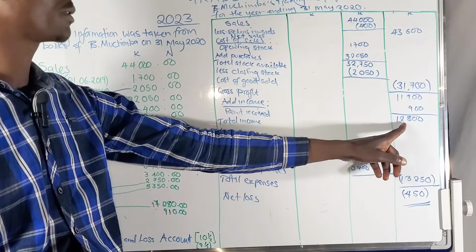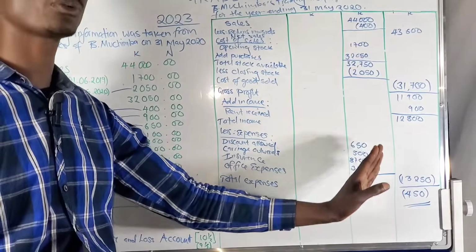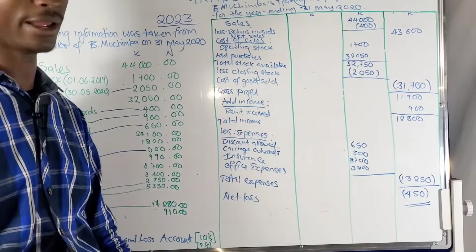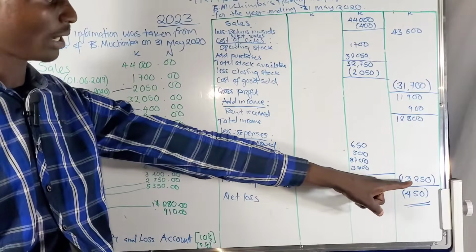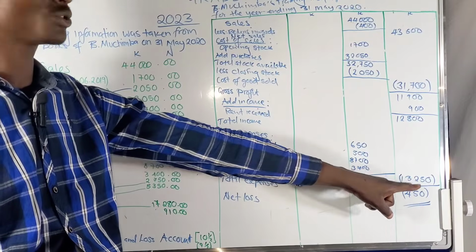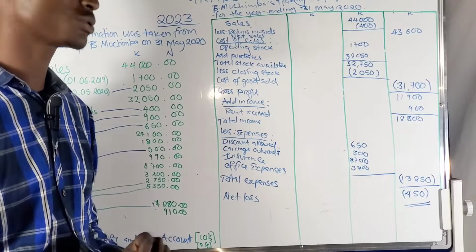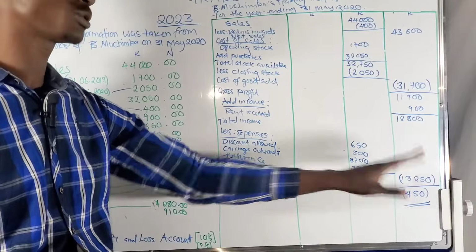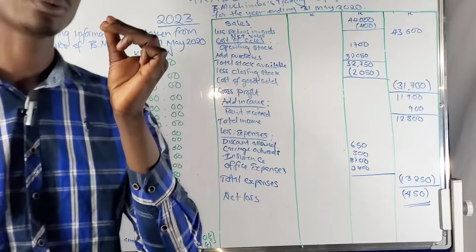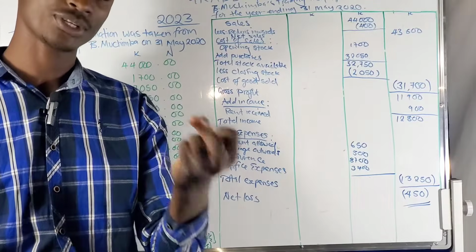Total income 12,000. But we had a lot of expenses this financial period, which amounts to 13,250. So what you need to do is to subtract total income minus total expenses to know the cash you have or the profit you have.